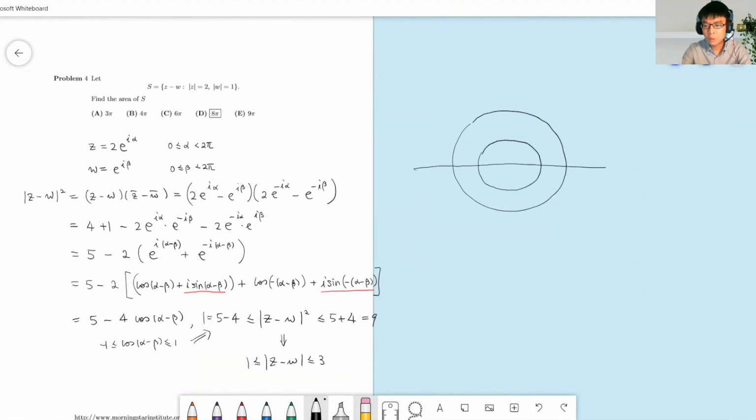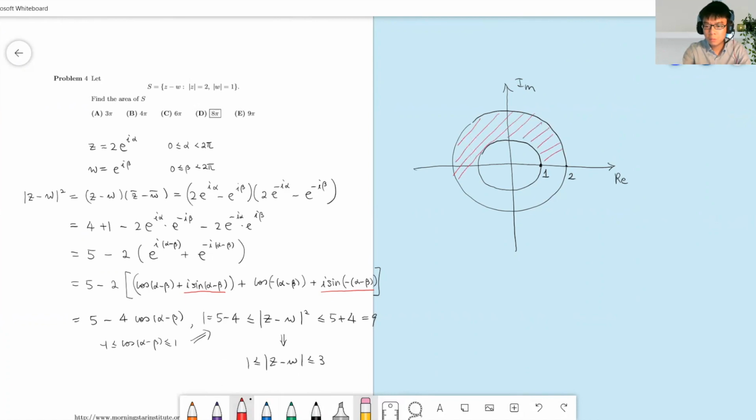Two circles. The small circle is the unit circle, radius 1. The big circle is radius 2, because |z minus w| is between 1 and 2, so that covers the region between these two circles.